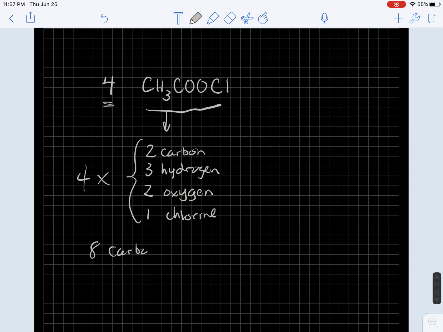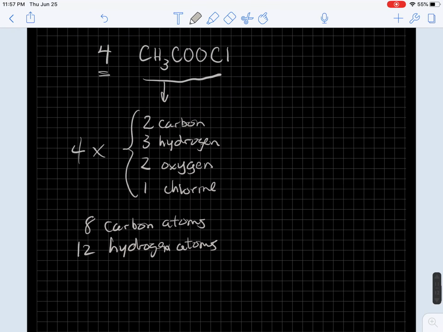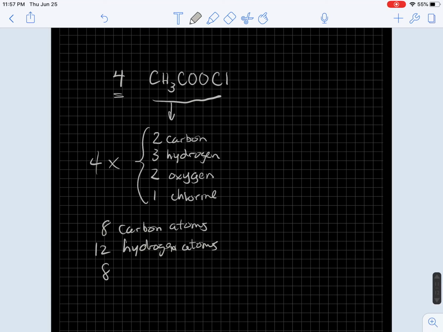So my answer is going to be 8 carbon atoms. 12 hydrogen atoms, and if you zoom in, that's like the worst N in the world. And then we'll do 8 oxygens, and 4 chlorines.